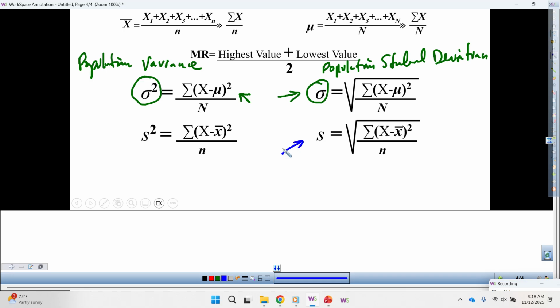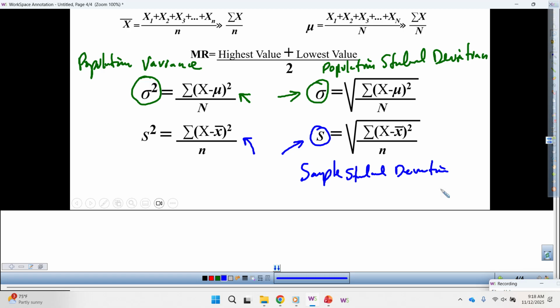Okay, now that we have those 2, what do these 2 represent? Tell your neighbor, what do these 2 represent? Sam, what does this one represent? Standard deviation, okay. So far so good. But what does the S? Sample, that is correct.